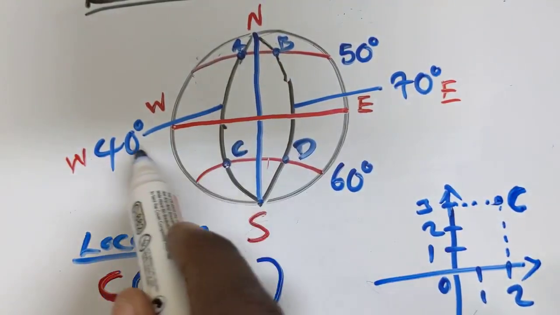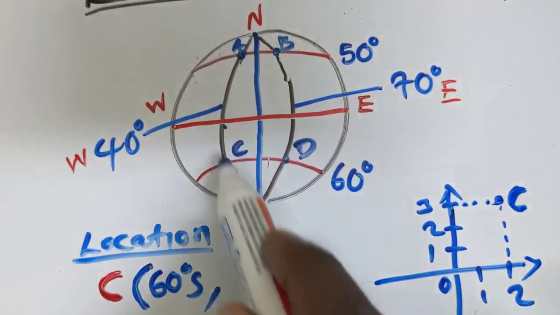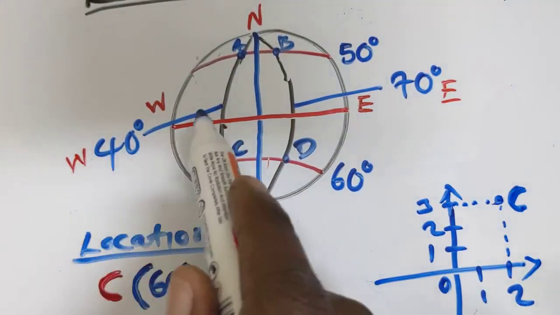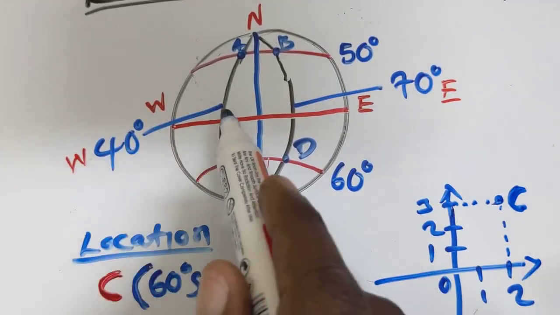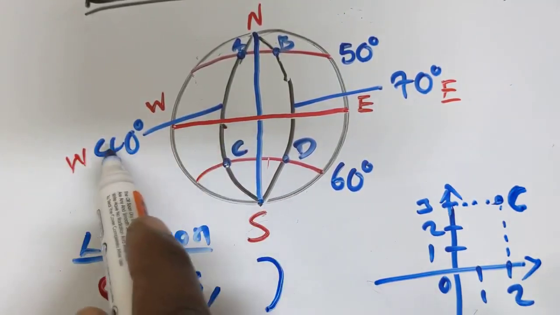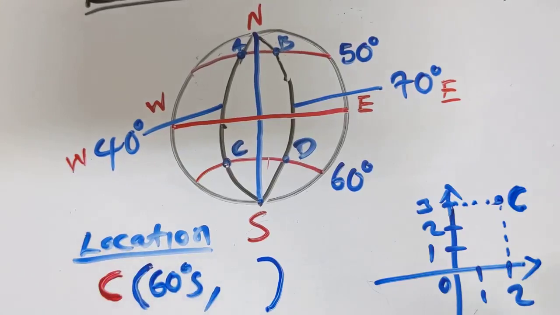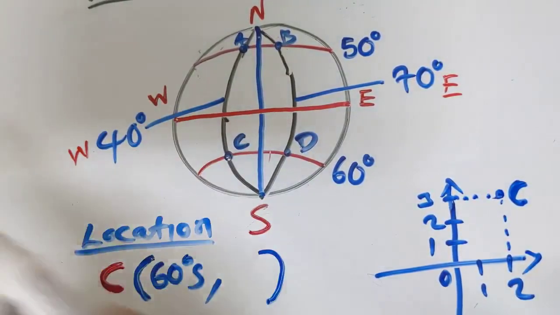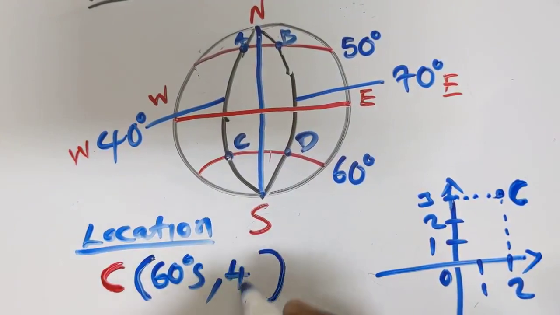So C is actually in this longitude. This is the longitude right there. The longitude is 40 degrees west, like that. This is west. So you say 40 degrees west.